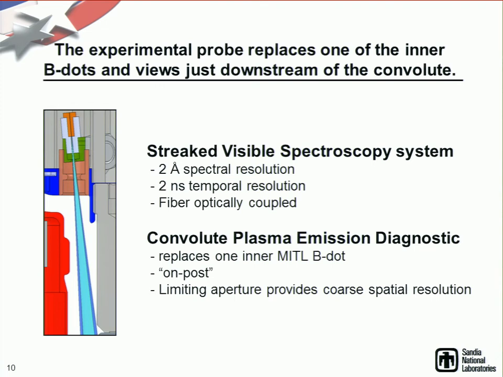Basically, it's a streaked visible spectroscopy system, so it has spectral and temporal resolution. It's fiber optically coupled, so there's more or less no spatial resolution other than what region of the convolute the fiber is able to view based on the limiting aperture that I apply to the end of it.